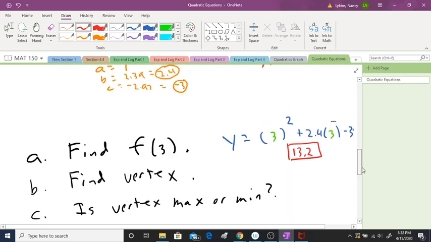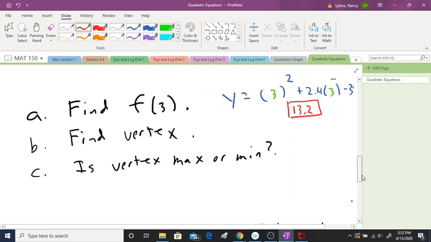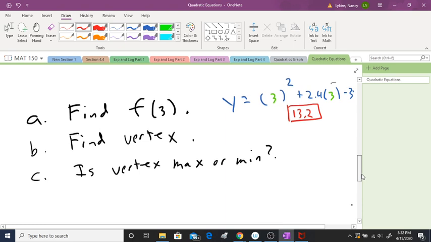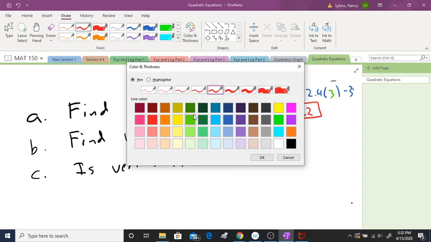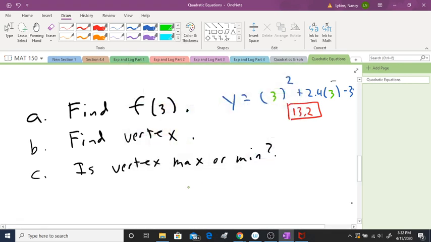Also, I could ask you to find the vertex and tell me if it's a minimum or maximum value. First of all, looking at our equation, my A value was 1, my B is what we rounded to 2.4, and my C is negative 3.